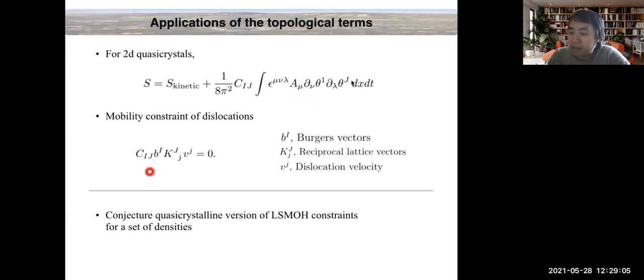This mobility constraint depends on the SPT invariants shown in the topological terms. We also conjecture a quasicrystal version of the Lieb-Schultz-Mattis and Oshikawa-Hastings constraints for a set of densities. We propose a way to derive these constraints from these topological terms.